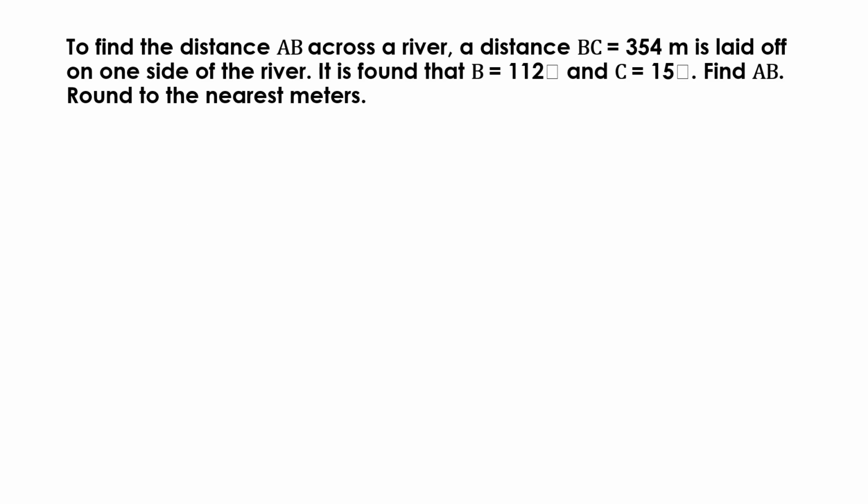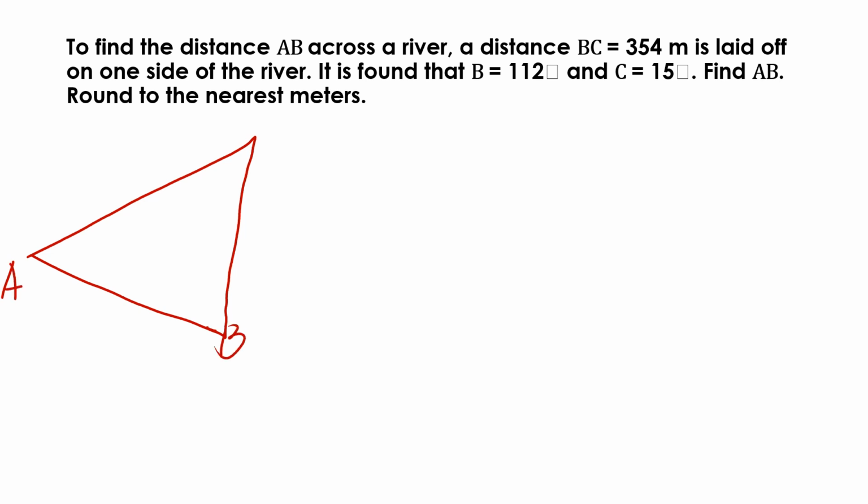For the assessment, first question. To find the distance AB across a river, a distance of 354. So, let's have first a triangle here. Let's draw a triangle. So, this is your A, B, and C. We have here the distance BC is 354 meters.